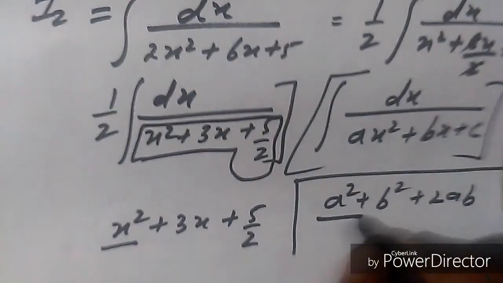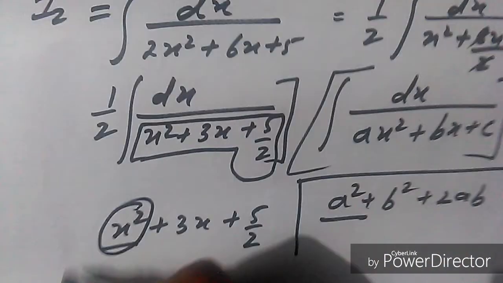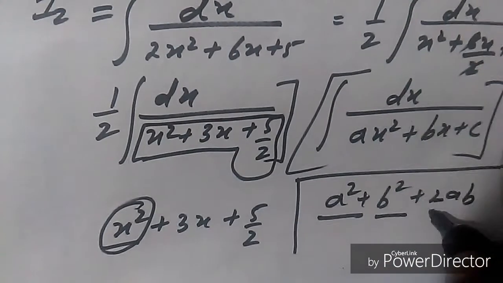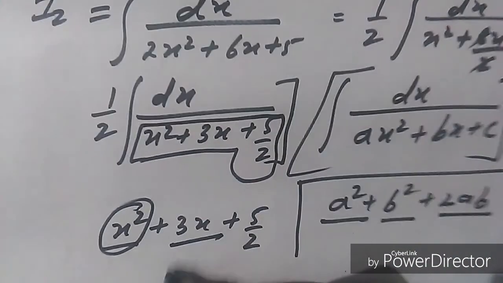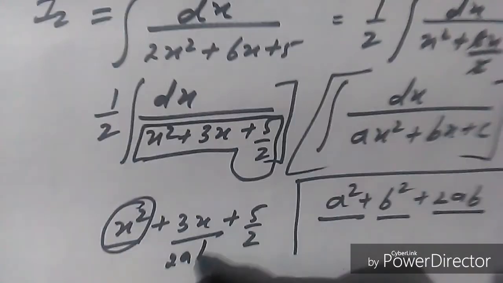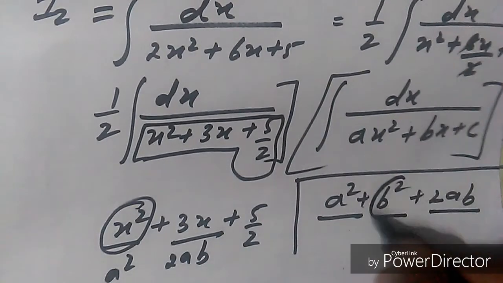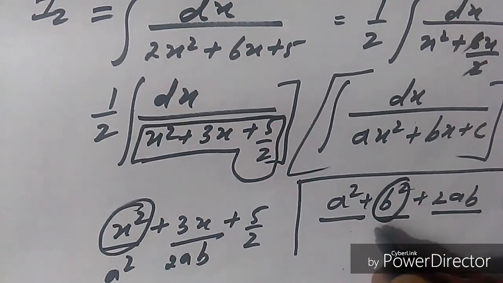Here a square is there, b square we don't know, and 2ab is 3x.